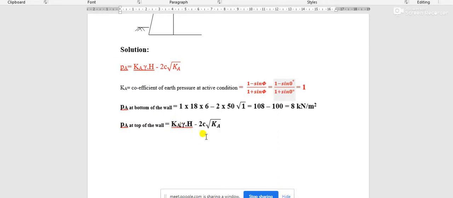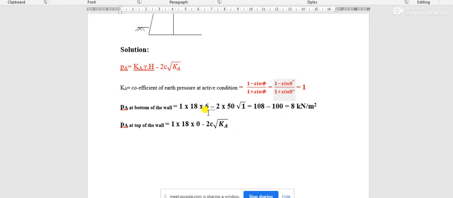but the value of Ka is 1, same, value of gamma is 18, and finally the value of H is equals to 0, because the value of the depth from the top of the wall is 0, same point.